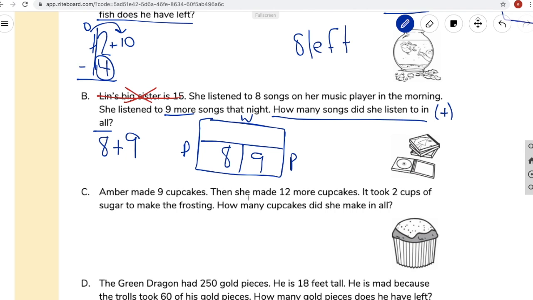And then it says she listened to 8. How many did she listen to in all? Well, we don't know how many she listened to altogether. So that means that my whole is a question mark because I don't know that. So we know that if we have a part and a part, we add, and you should say 17. So she listened to 17 songs.